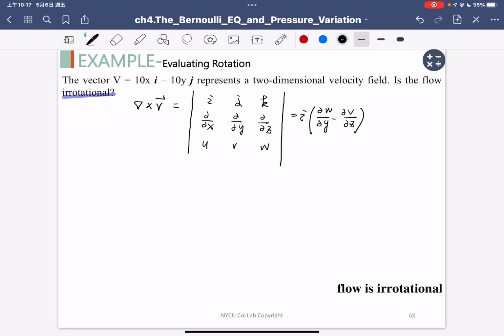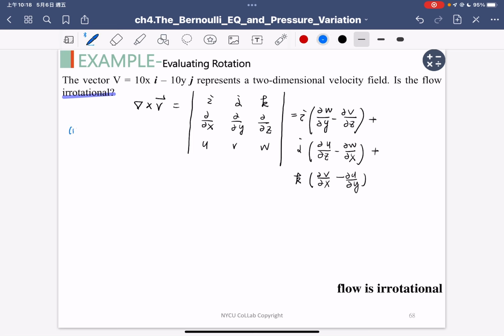Okay, and the second, we have the j component, plus u dz minus dw dx, and the final direction is along the k, z axis, and we have dv dx minus du dy.